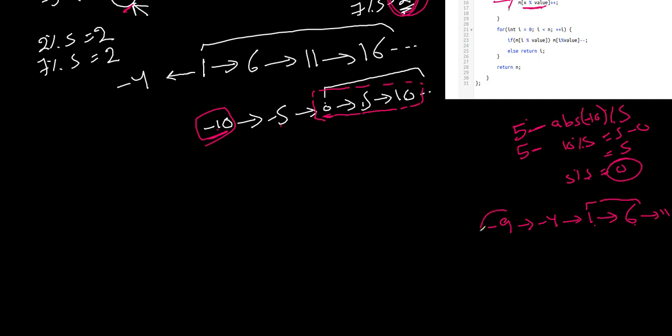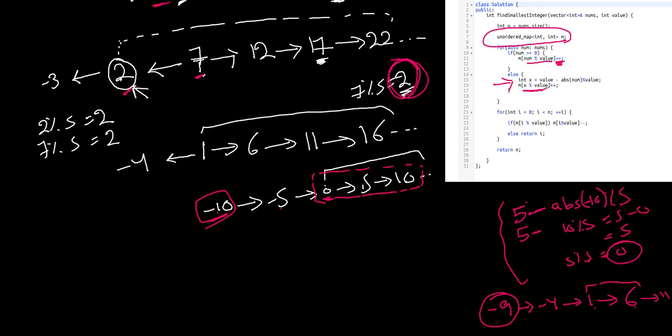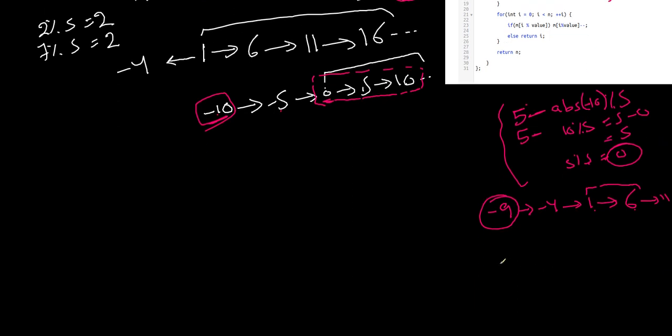How can we get the 1 from minus 9? Again, we will do this operation, which is here in this code, using the value 5 minus the absolute value of minus 9 mod 5.